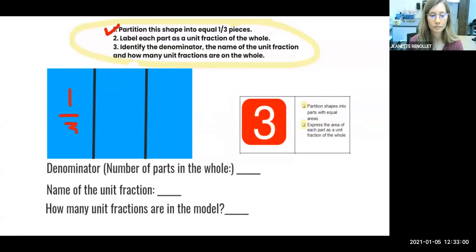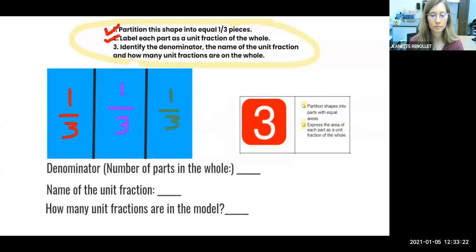This is 1/3 of the rectangle. Inside of this middle piece is also 1/3 of the rectangle. On the right side, I also have 1/3 of the rectangle. So I have labeled each part as a unit fraction of the whole.